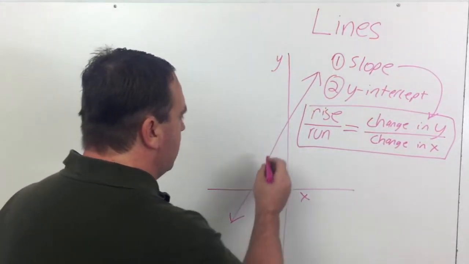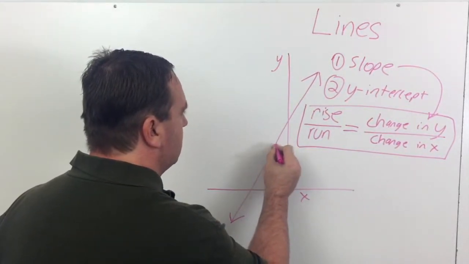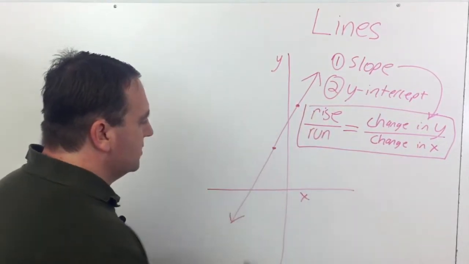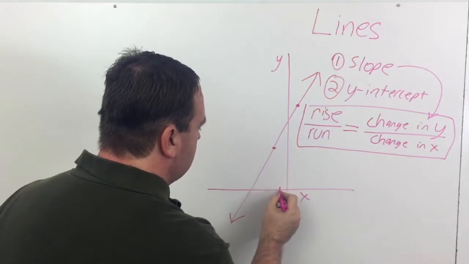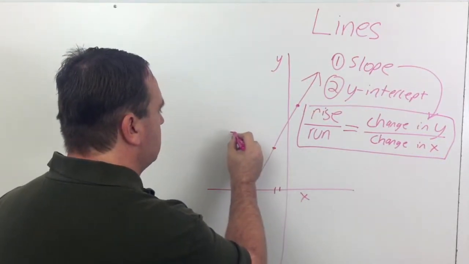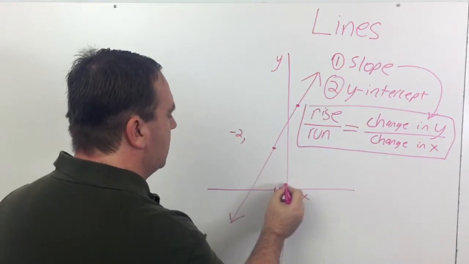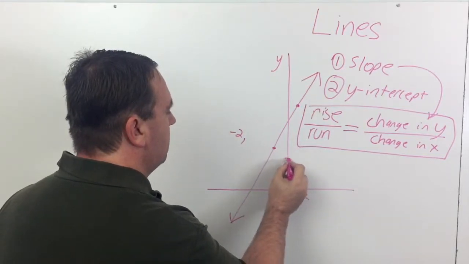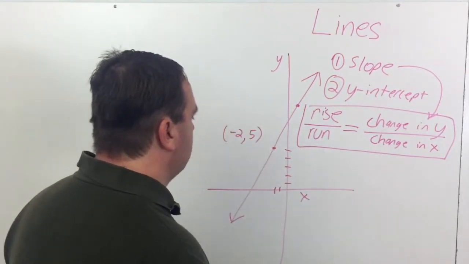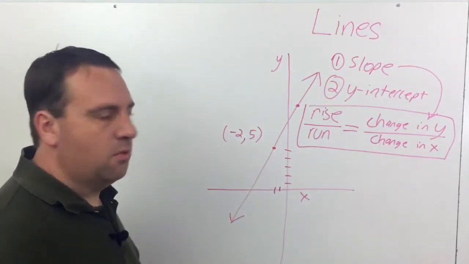So let's say that we pick this point. Let's say we hit -2 on the x-axis, and it's 1, 2, 3, 4, 5. So -2, 5 is our first point.